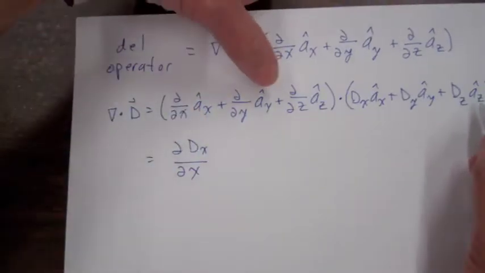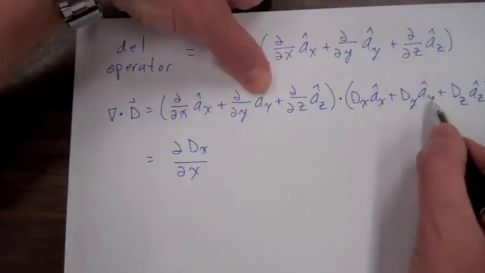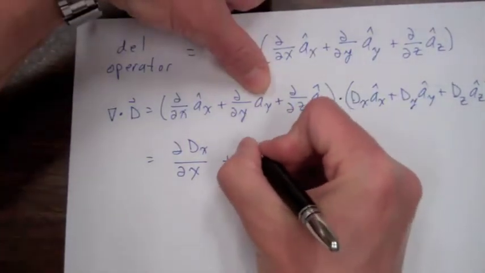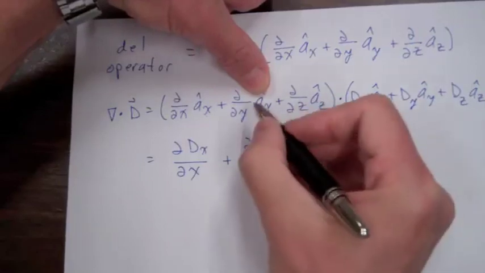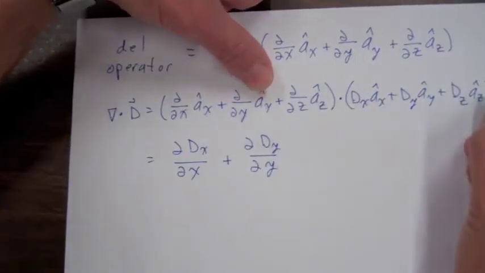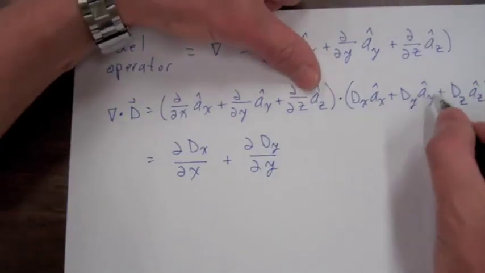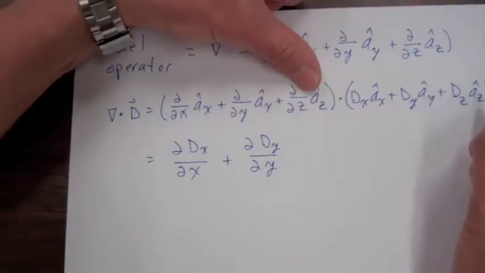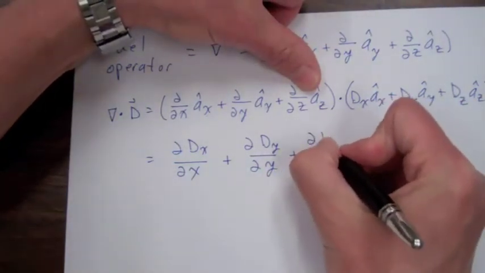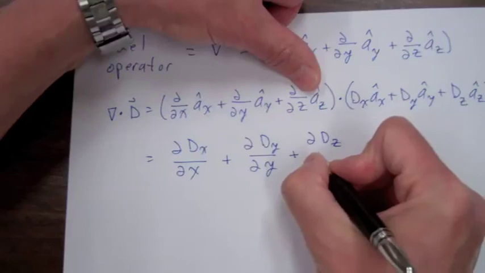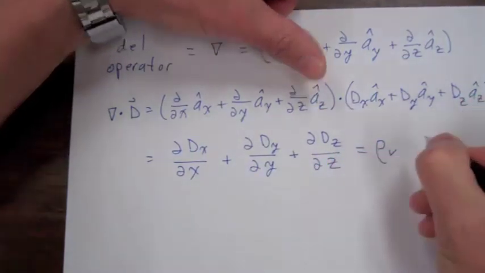Go to the second term. Ay dot ax is 0, ay dot ay is 1, so you have a partial of D in the y direction with respect to y, and ay dot az is 0. Final term, az dot ax is 0, az dot ay is 0, az dot az is 1, so you'll have a partial of D in the z direction with respect to z, and of course that's equal to the charge density.